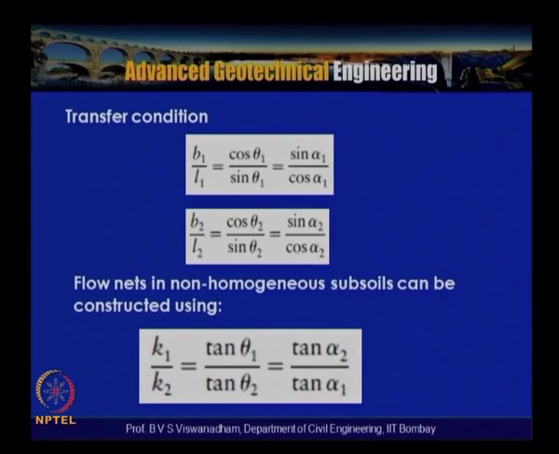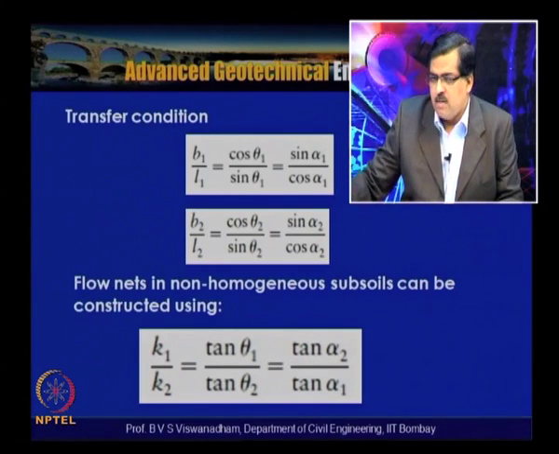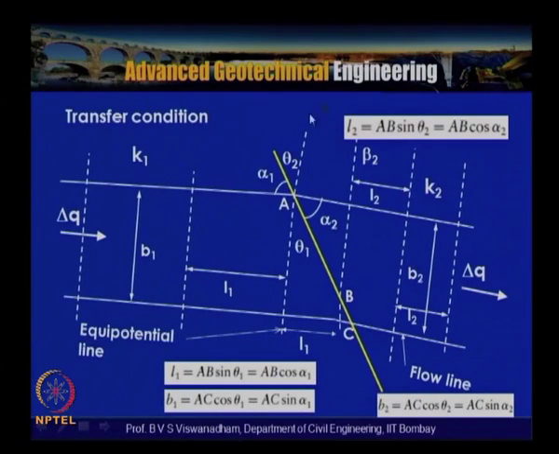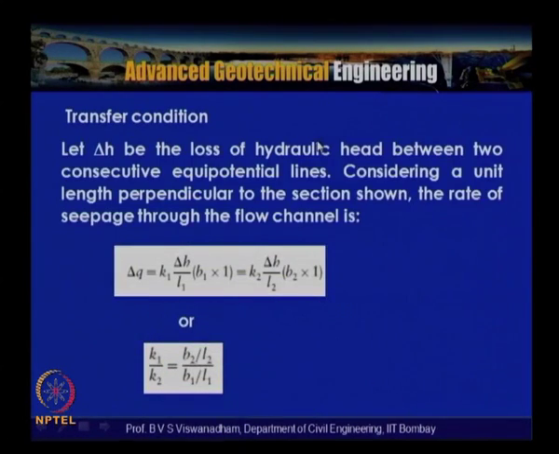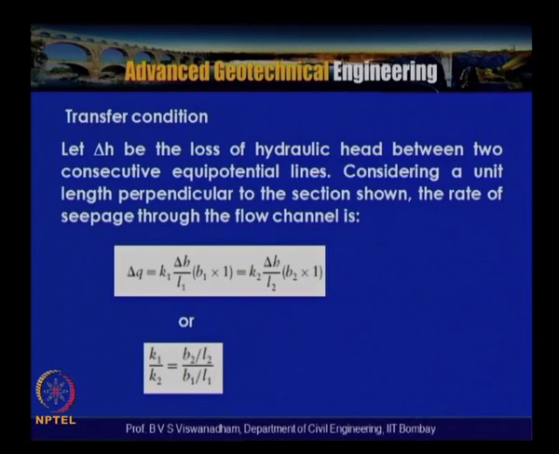Now for the transfer condition, by using the deliberations we have discussed here and substituting in the expression, K1 by K2 is equal to B2 by L2 divided by B1 by L1.